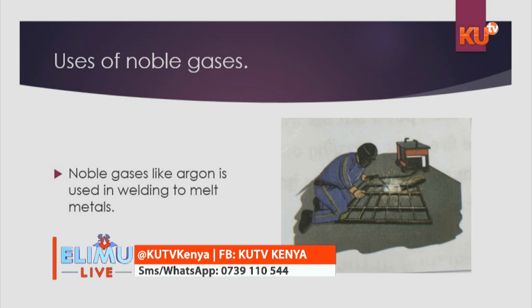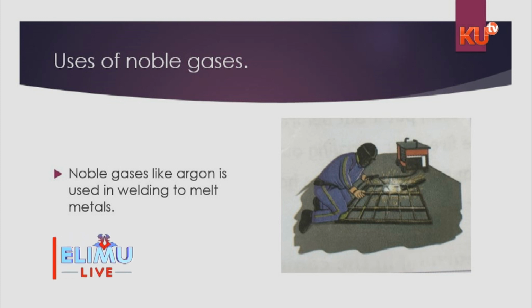Therefore, that shows us that there is a gas that has been used there to melt those metals, and that gas is definitely a noble gas, which is either argon, neon, or helium. So that is a noble, rare, or inert gas that has been used.